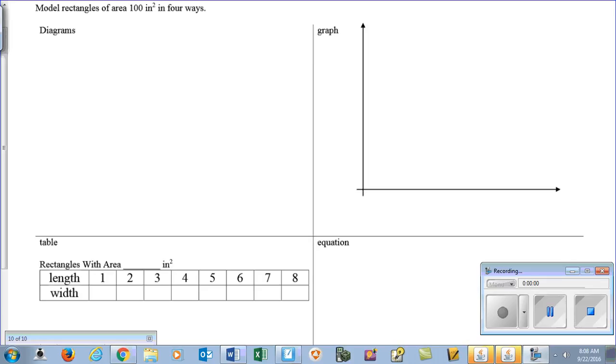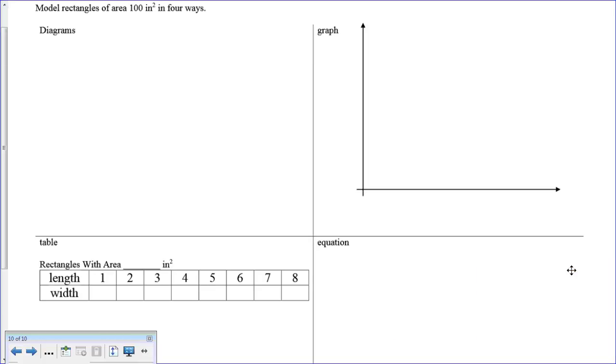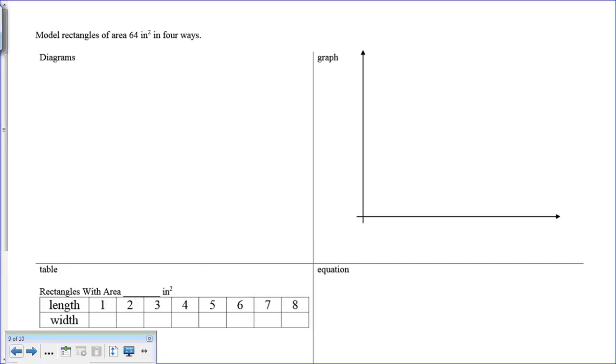All right. So yesterday we talked about each of you having a different area. So we drew some models, right? And we did the 100, we did a 10 by 10, a square. We did this one, an 8 by 8.